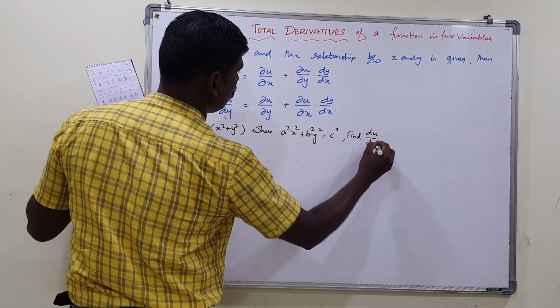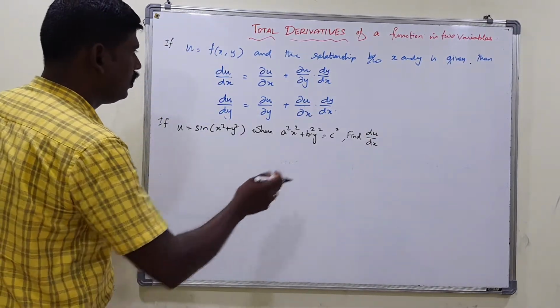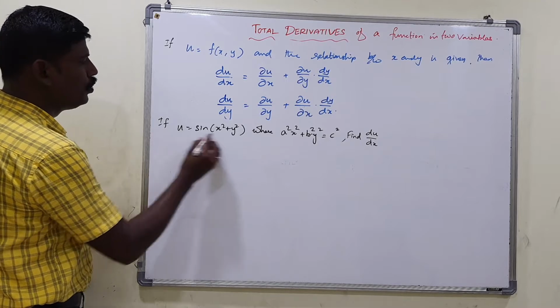So they just want du by dx. So u is here, solution.